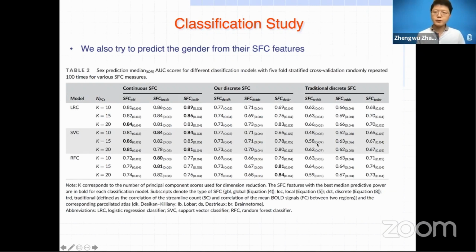But traditionally, if you use pipelines like the PSC we developed before, you get really bad results, indicating that you shouldn't use connectivity at this coarse scale to study the interaction between SC and FC.